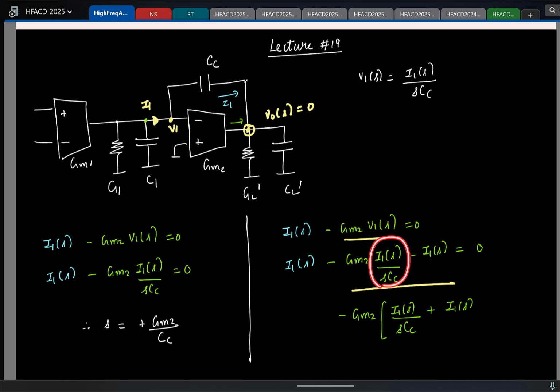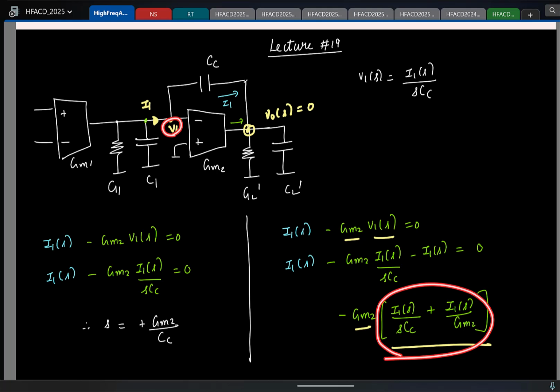First term is this. What should be the second term? By GM2. So again, now you see that I have GM2 times V1 of s. If I ensure that the voltage V1 is this value, we are set.